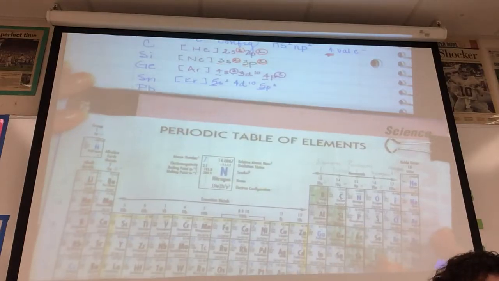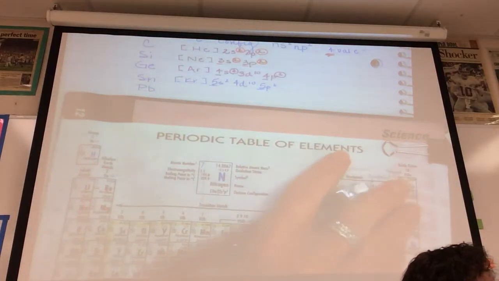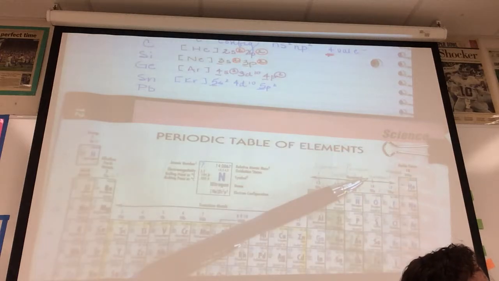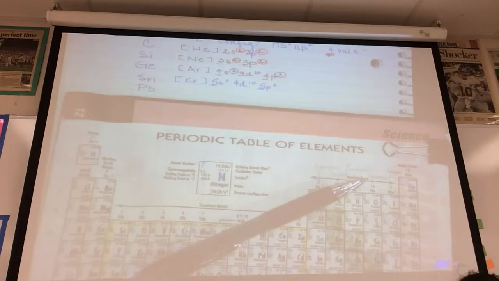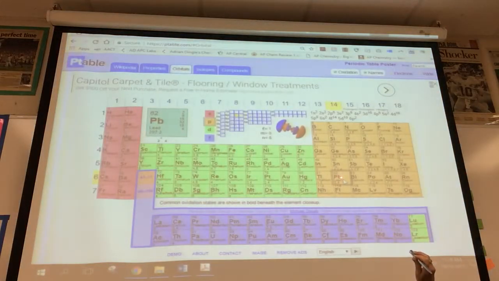All right, the last one's the trickiest of the bunch with lead. And let's take a look here. With lead, right here. What's the noble gas that comes before lead? Xenon. Lead is in what row or period? 6.